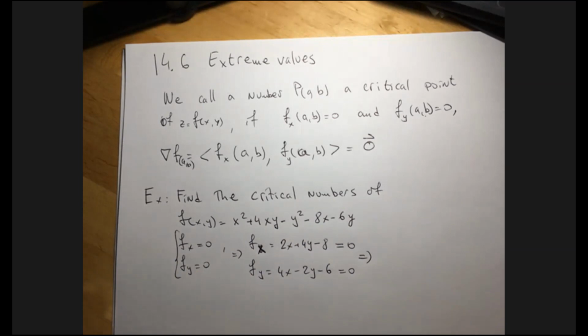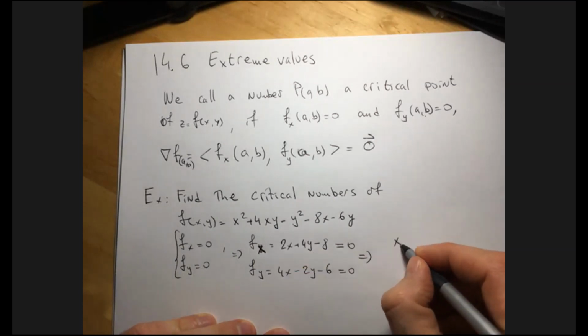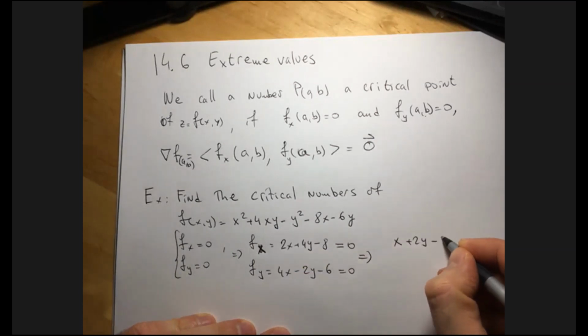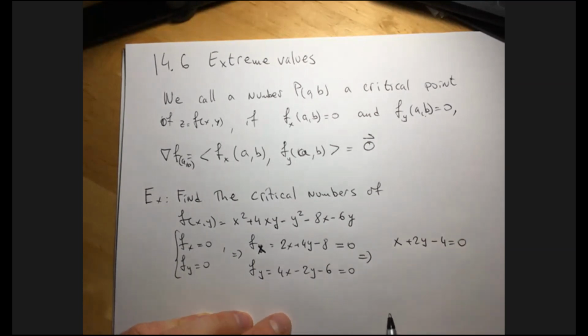Okay, so what can I do? I'll divide the first equation by 2 to get x plus 2y minus 4 is equal to 0. And then I can do the same thing for the second one in order to simplify it. But I can see that here I have 2y, here I have negative 2y.